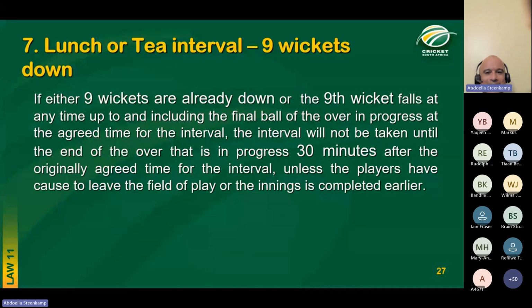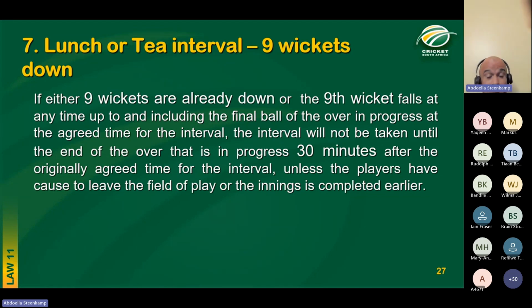If a side is 9 down when it comes to our lunch or our tea interval, it can be either one. I'll use lunch as an example, but the same principle will apply to our tea interval. But the side must be 9 wickets down at our lunch or our tea interval.